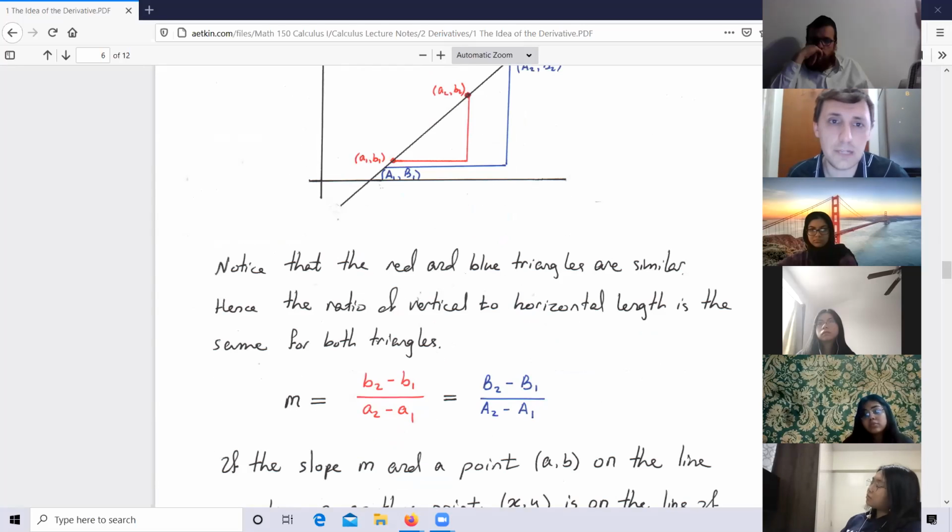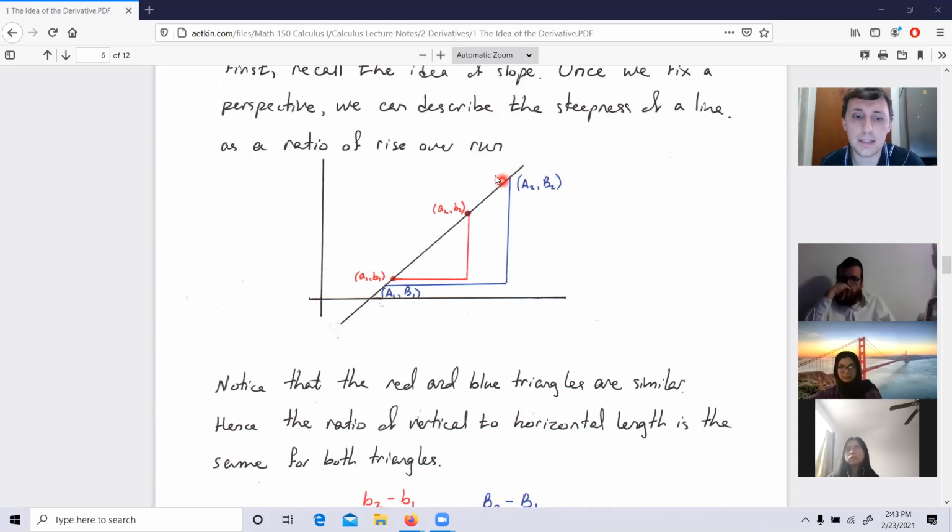Now the equation of a line, even if I'm blinded to it: if I select a point (x, y) on the curve, let me place it in orange, here is a point (x, y). If I use (x, y) and the point (a, b), I would obtain the same slope.